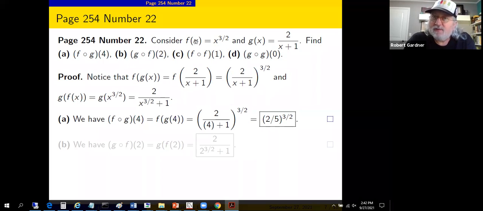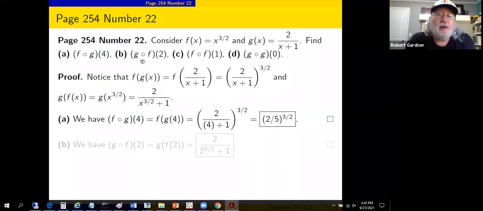Here the input is this thing here. Well, then it takes this thing here and raises it to the 3/2 power. So we get 2 over x plus 1, to the 3/2 power. There's the composition of f composed with g.